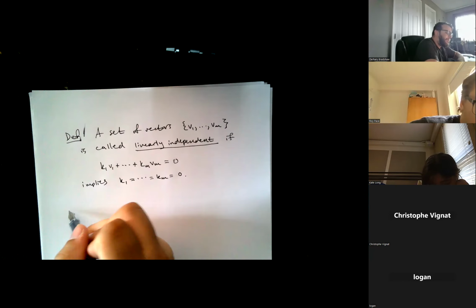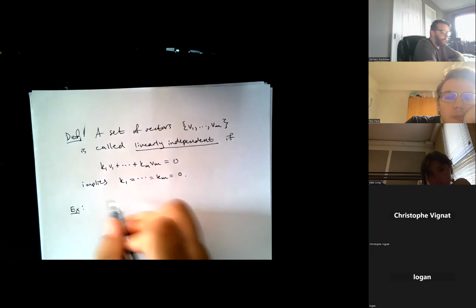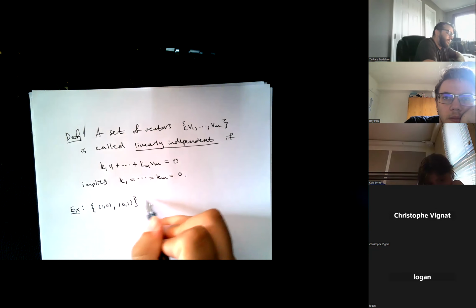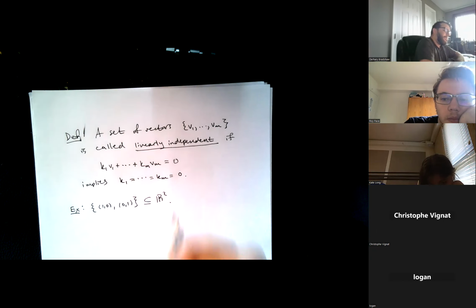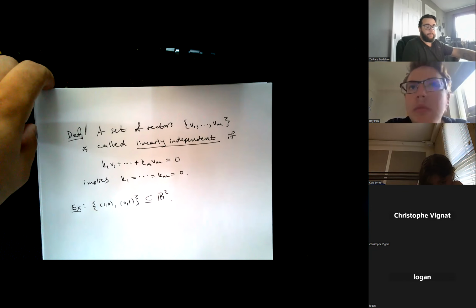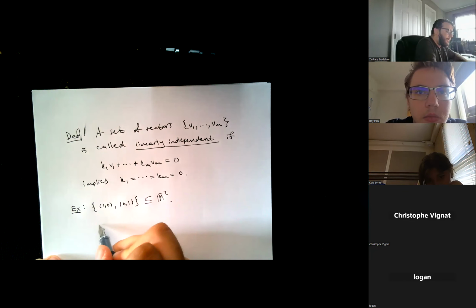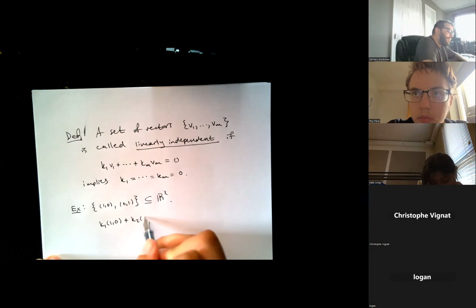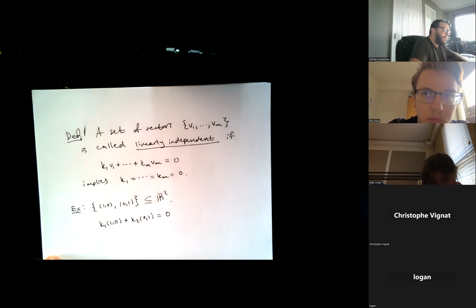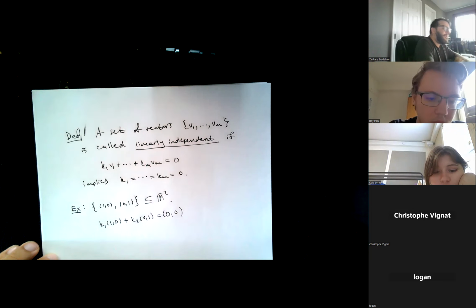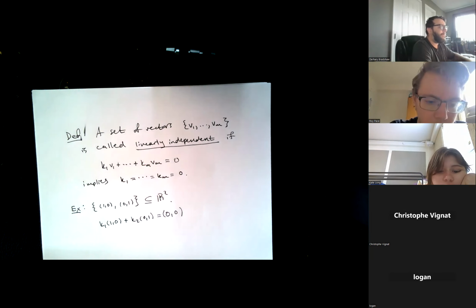So let's return to our example. Let's take this set (1, 0) and (0, 1), which sits inside of R2. We already showed that it spans R2. Now, is it linearly independent? The answer is yes. If I take some arbitrary linear combination, so k1 times (1, 0) plus k2 times (0, 1), and I set it equal to 0, first I should clarify, 0 in R2 is the pair (0, 0).